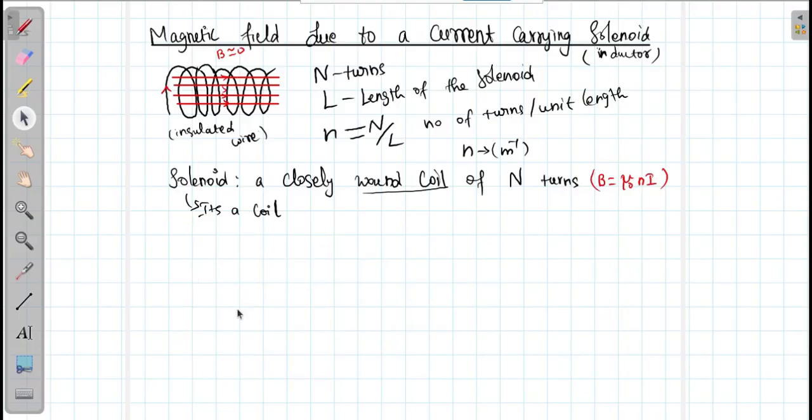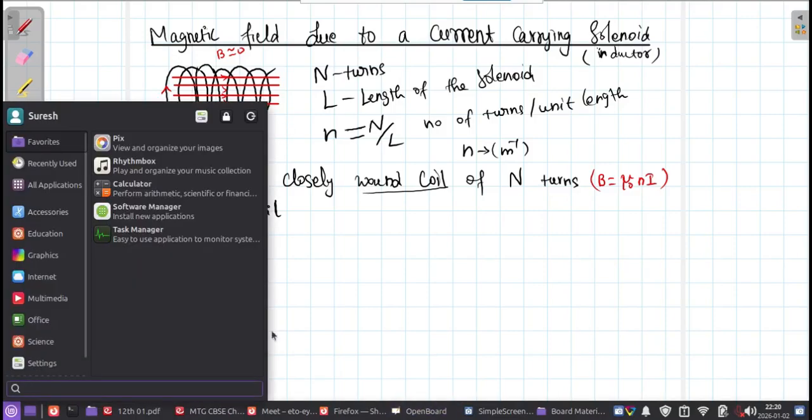Okay, now come to the point. Next, the aim is to calculate the magnetic field at the center, inside the solenoid. What is the value? That is what we are going to find. We have a standard diagram for this question.